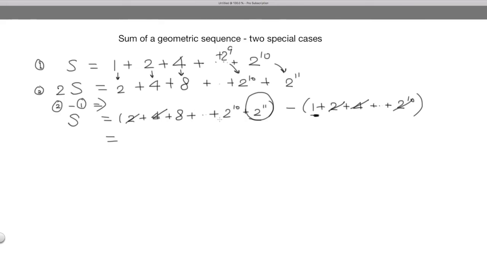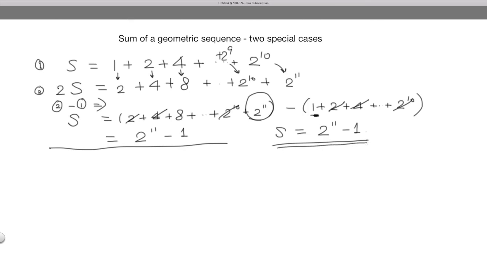So everything cancels except one term in the second equation and one term in the first equation. That's equal to 2 to the 11 minus 1. And that's the answer. S equals 2 to the 11 minus 1. And this is the second method of calculating the sum.